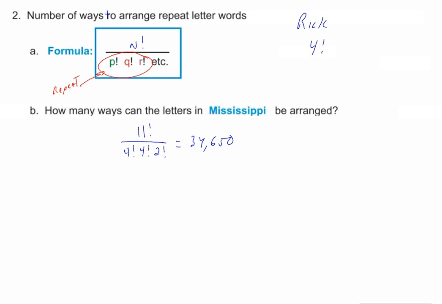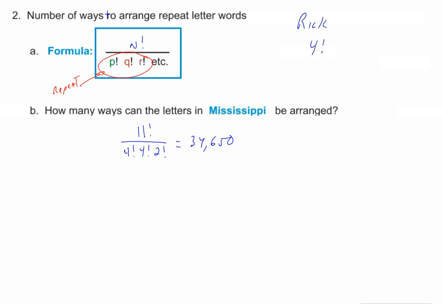See, the repeat letters have a factor in it, right? I mean, obviously, you get an S in the front. You've got all the other possibilities with an S in the front, but there are 4 S's. So whether you put one of the other S's in front, it's still the same as that S in the front, et cetera, all through the repeats. And it cuts down the number possible, right?